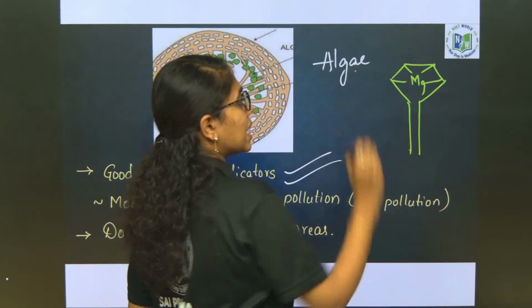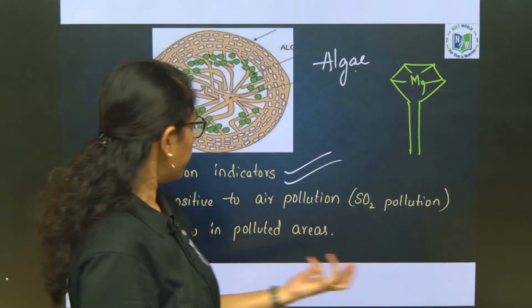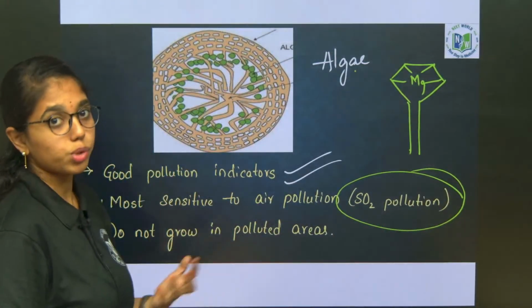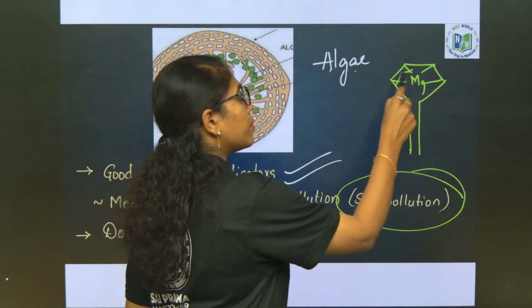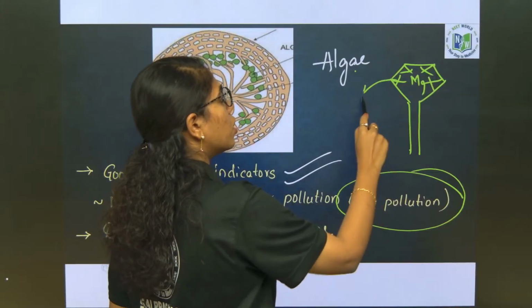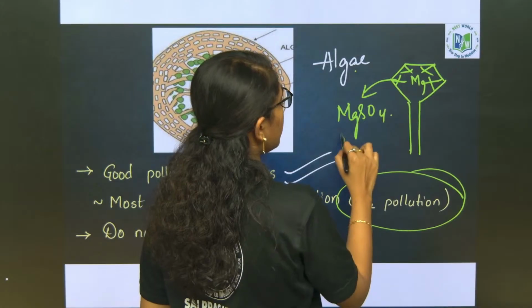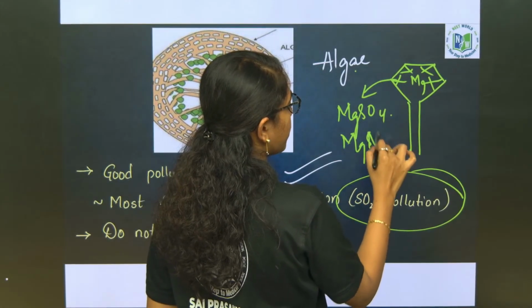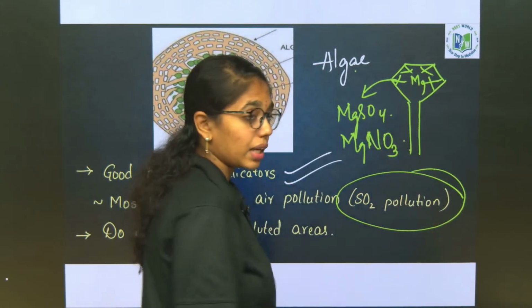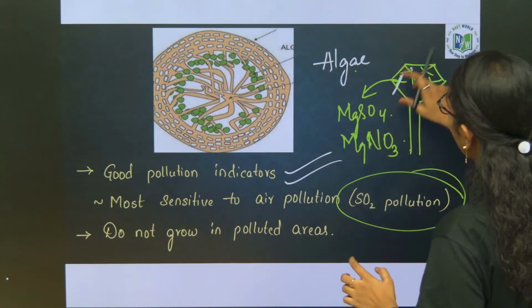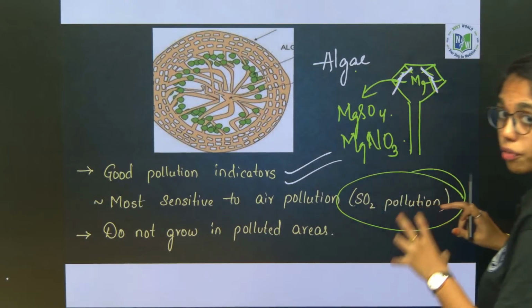So, when this is exposed to pollution like sulfur dioxide or nitrates, the bonds will be cleaved and this forms magnesium sulfate or magnesium nitrate. Fine. Magnesium sulfate, magnesium nitrate, like that bonds will be formed, whereas the bonds will be broken in the chlorophyll structure.